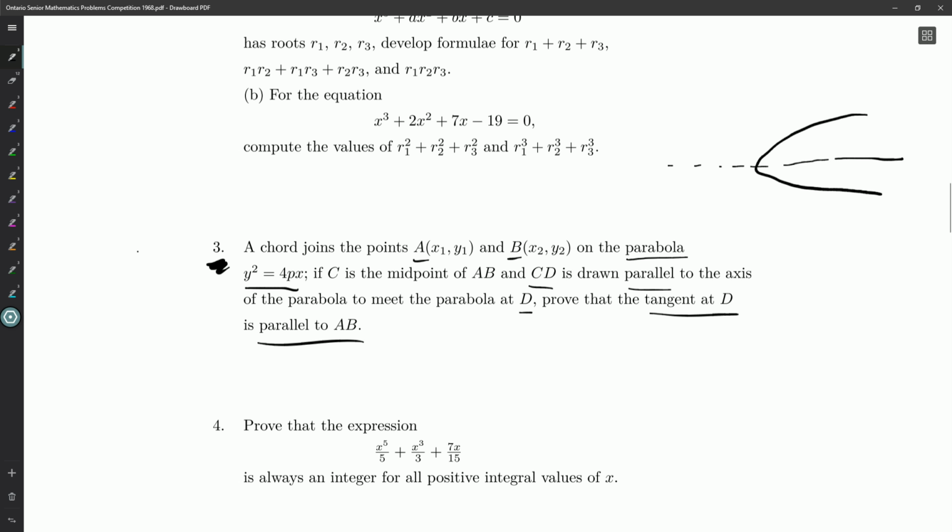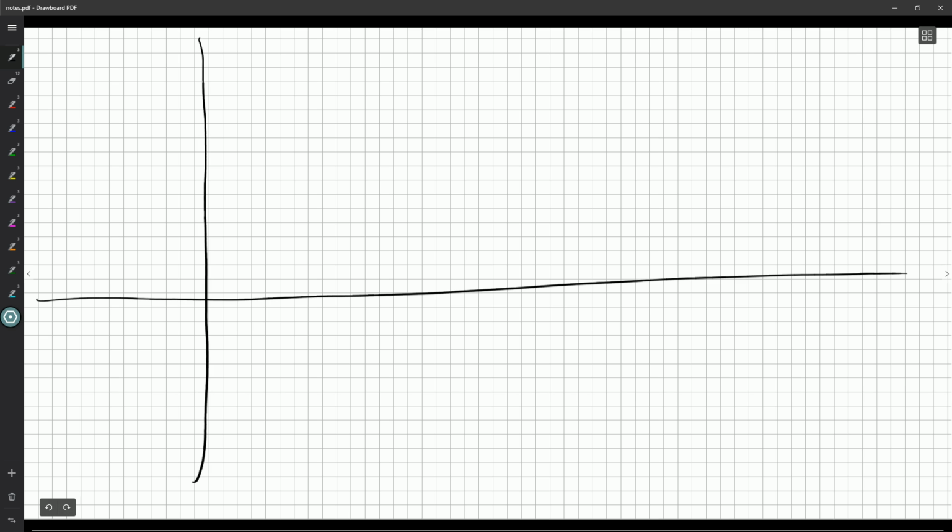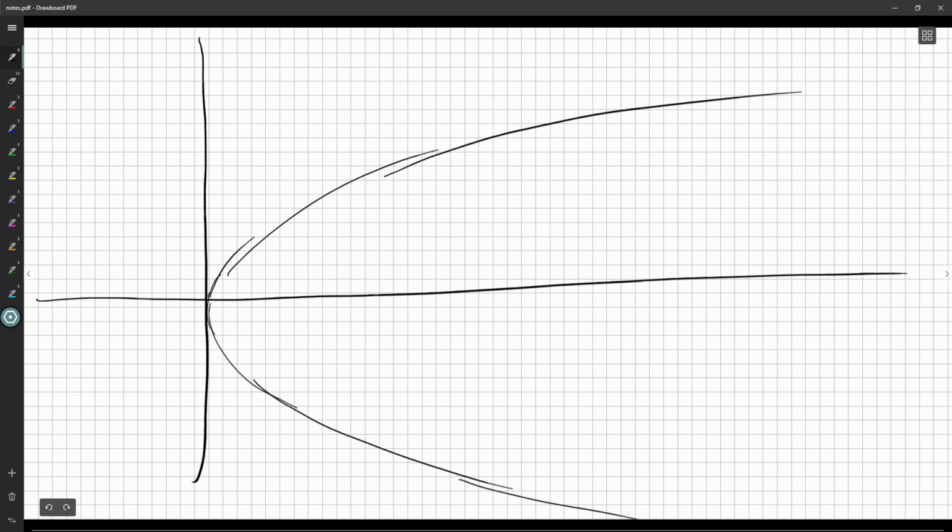Okay. I think I'm going to draw this just to understand sort of what's going on. Now, this parabola here, I'm just going to assume P is a positive value. If it were negative, it would just be facing the other way. But this parabola sort of opens up like this.